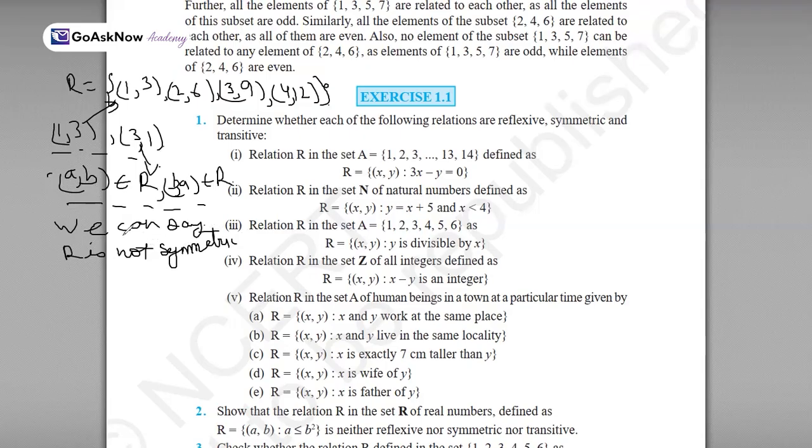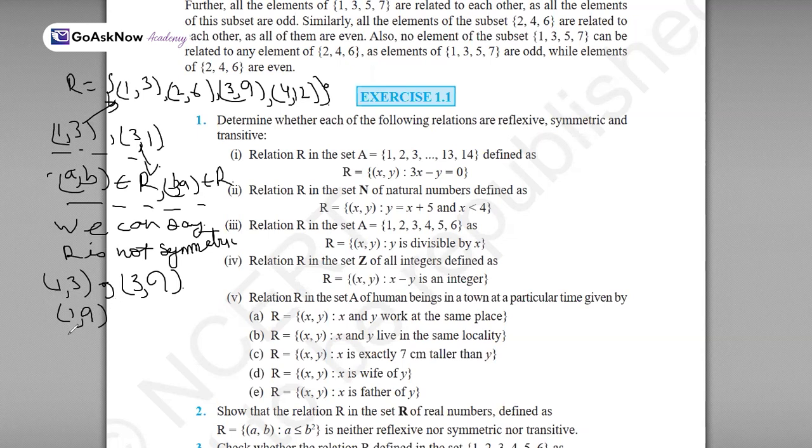Now I have to check whether it is transitive or not. Here 1 comma 3 is present in the relation R, and 3 comma 9 is also present. But can you see the ordered pair 1 comma 9 in the relation? No, it is not there.